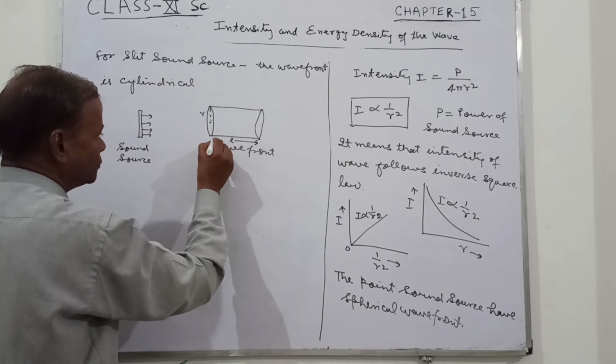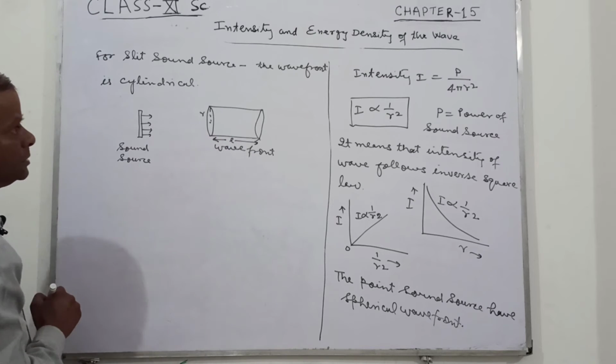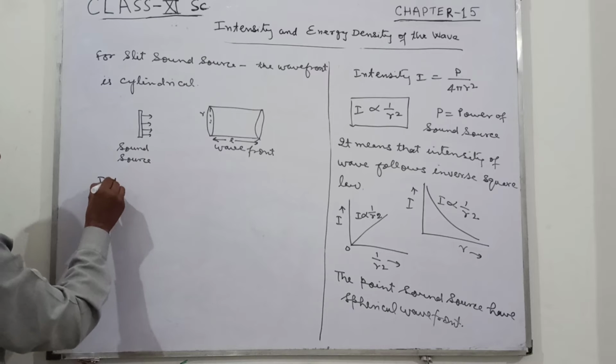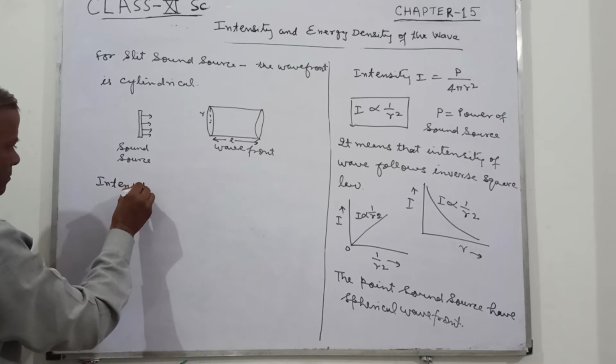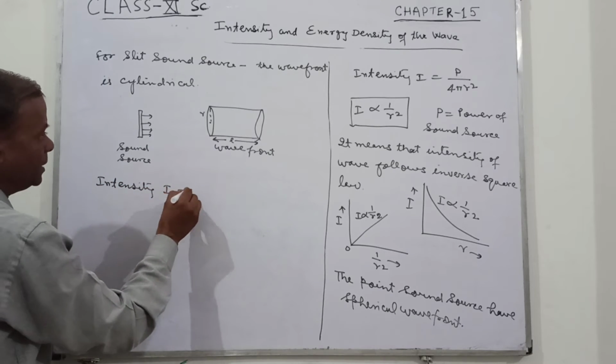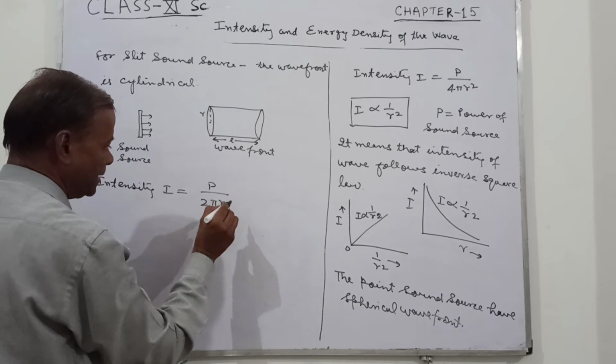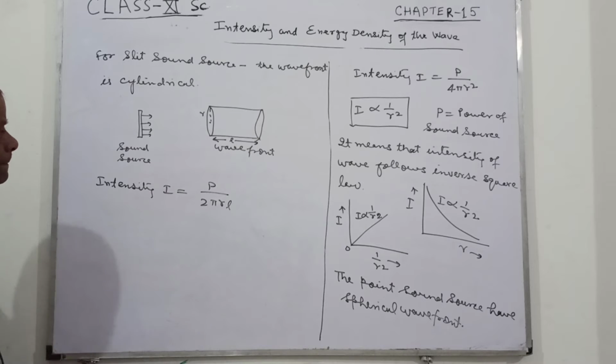of this cylinder is equal to L, then we can have that intensity I equal to P upon 2 pi r L. You can see from here.